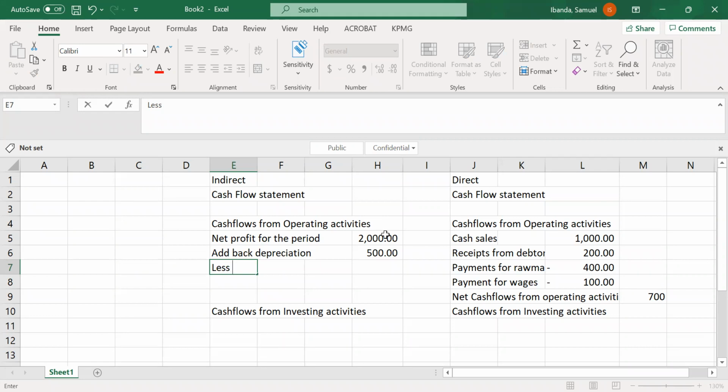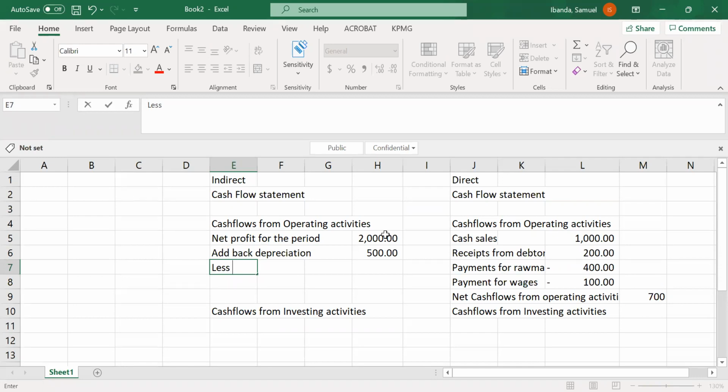Now, all this that we are doing is the understanding that cash and profit are two totally different things. When somebody says I've made a profit of 2 million, it does not mean that ideally the 2 million is in the bank account, because the way we compute profit involves even items where we have not received cash or items where we have not paid cash. So that is what exactly we are trying to do here.